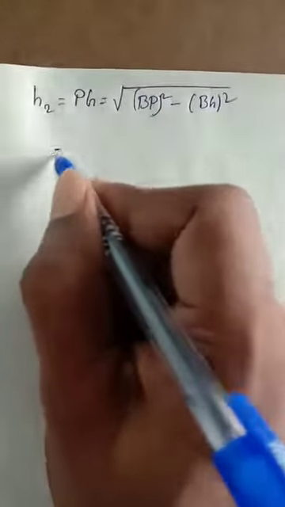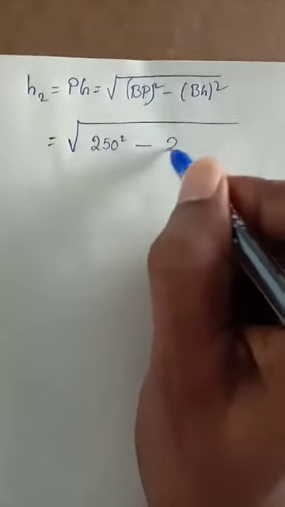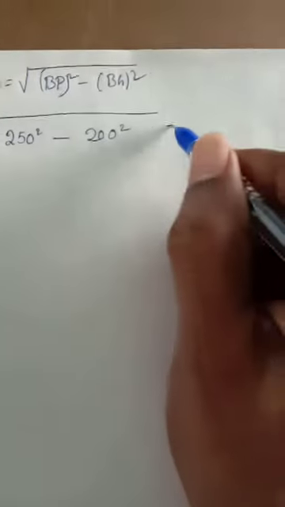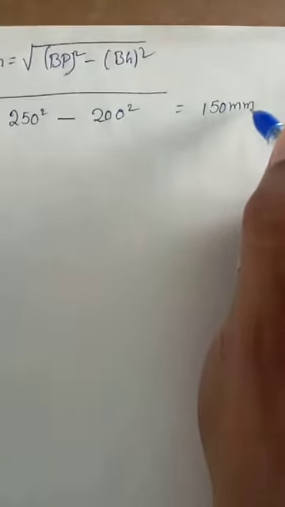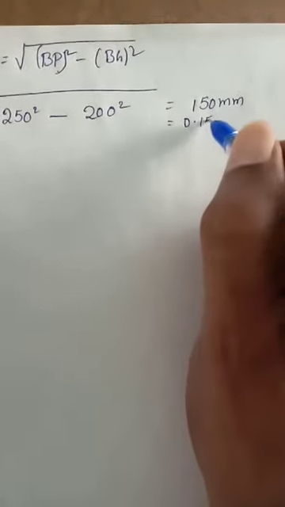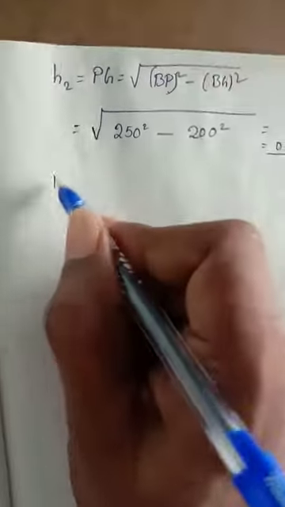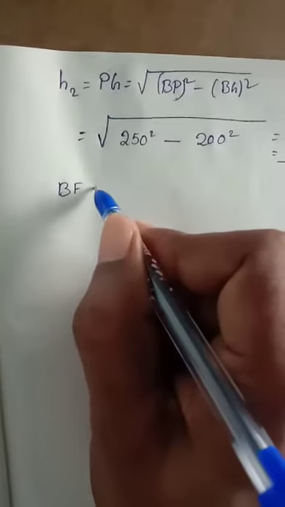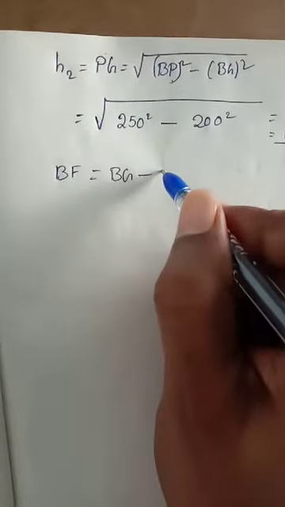And then here I substitute the values in here. 250, 200, and then here is 150 mm. So now 0.15 meter is the answer. And now here we go for BF is equal to BG minus FG.